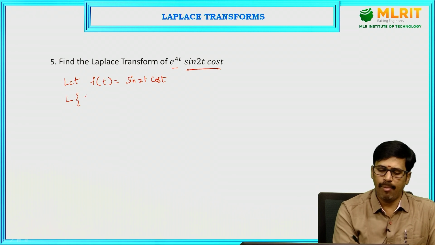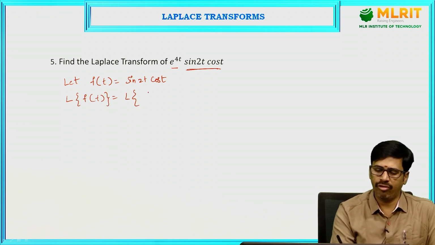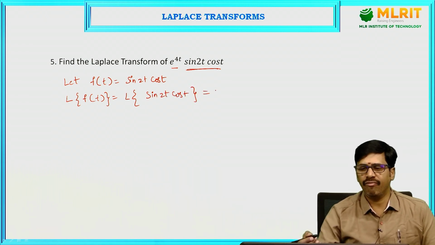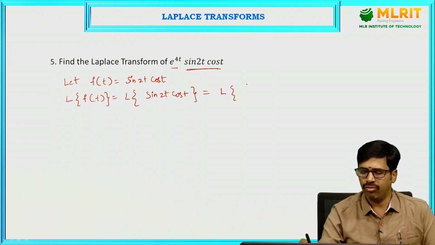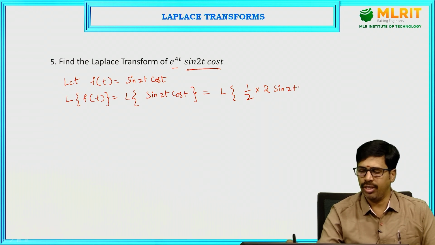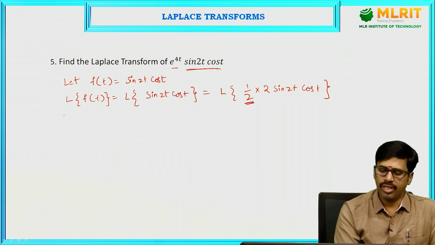So, to find the Laplace transform of f of t, that is sin 2t cos t, I am just multiplying and dividing with 2. Laplace of 1 by 2 into 2 sin 2t into cos t. This 1 by 2 I am writing outside.